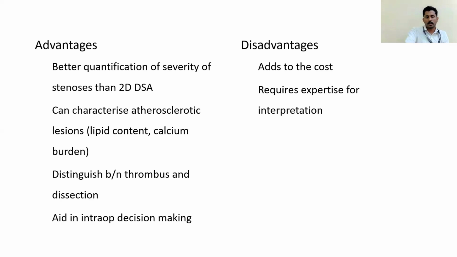So the advantages are better quantification of the severity of stenosis than DSA, and it will also help to make a more precise decision. Usually we will be doing angioplasty, and if plasty is failing, we will be placing a stent. So whether the plasty is successful, or for stent sizing, etc.